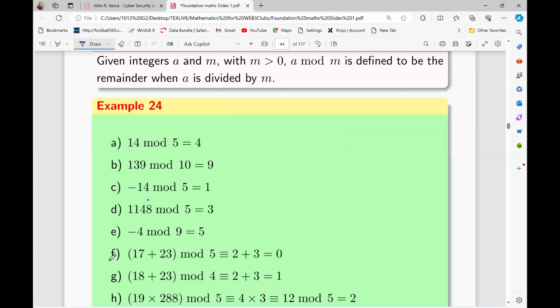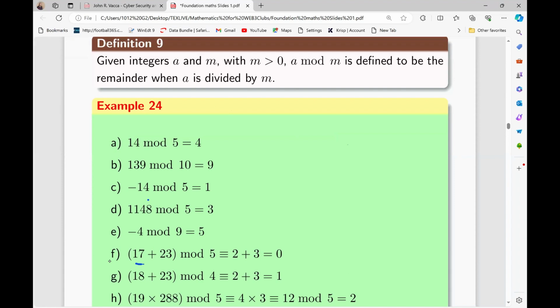For instance, what I mean by expanding: somebody can even want to write it like this, mod 5 plus 23 mod 5. That's what I meant by expanding. That's the same way we deal with other integers.